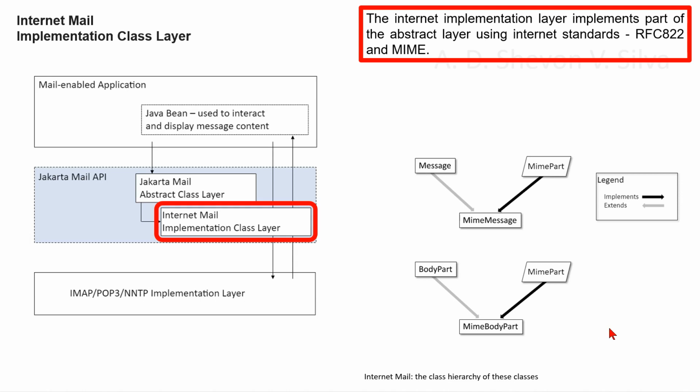RFC 822, the standard for the format of internet text messages. RFC 2045, RFC 2046, RFC 2047, MIME. RFC 822 describes the structure of the message exchange across the internet. Messages are viewed as having a header and content.